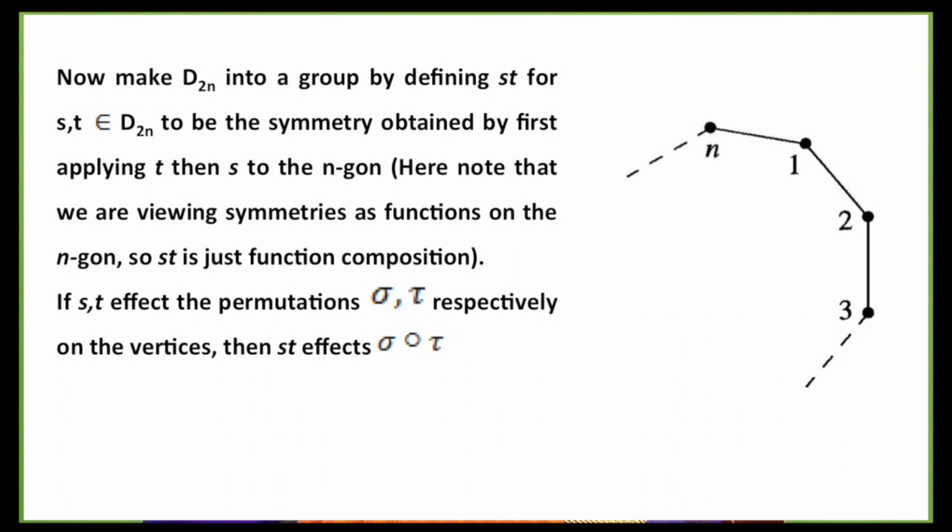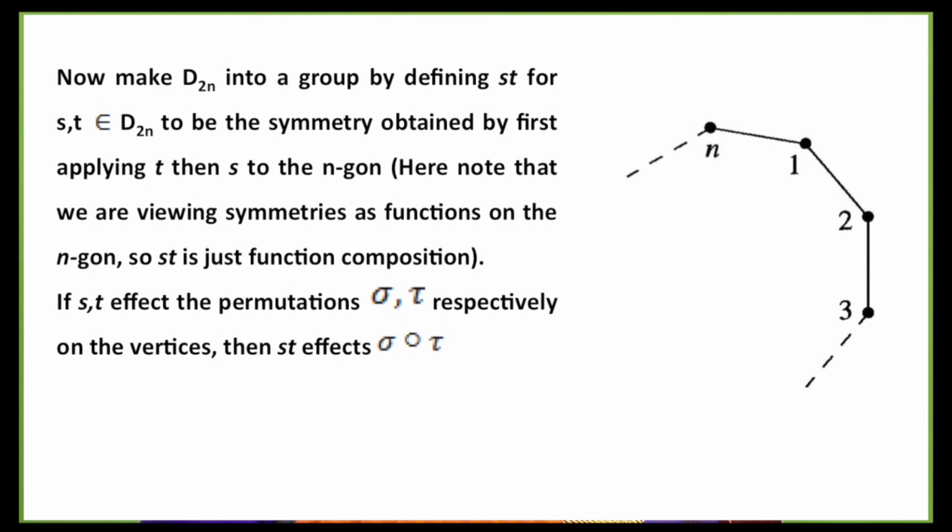Now, make D_2n into a group by defining ST, for S, T in D_2n, to be the symmetry obtained by first applying T and then S to the n-gon. Here note that we are viewing symmetries as functions on the n-gon. So, ST is just function composition.